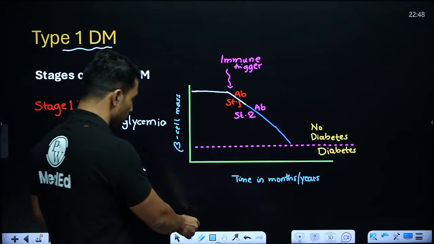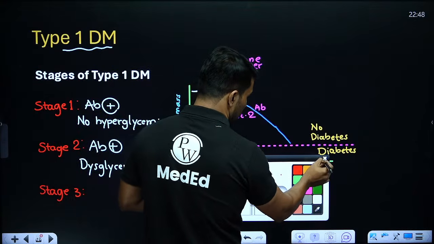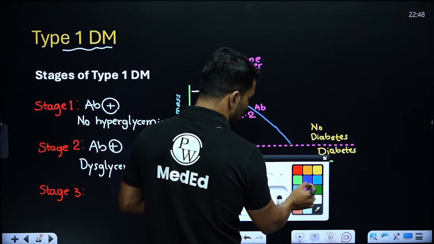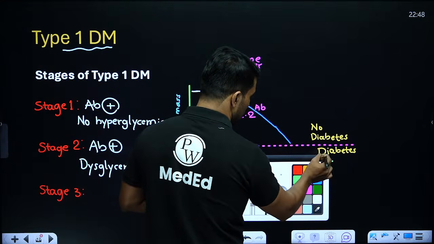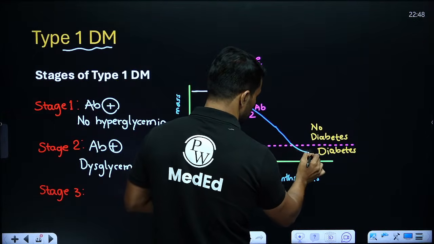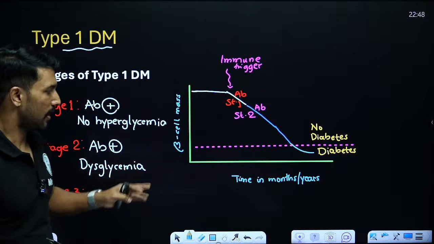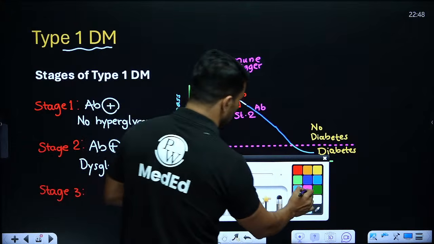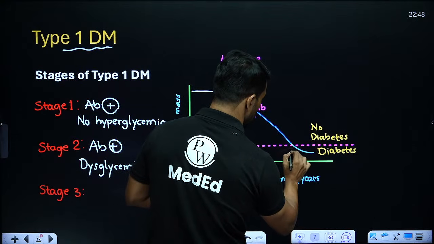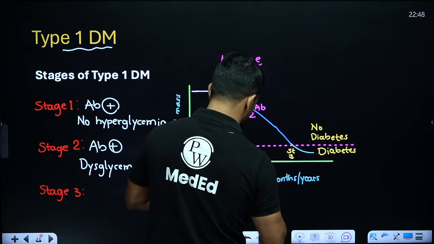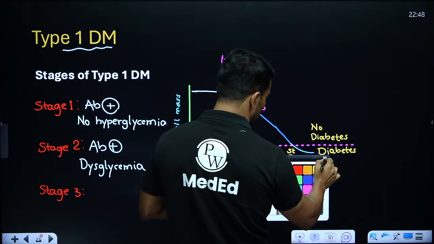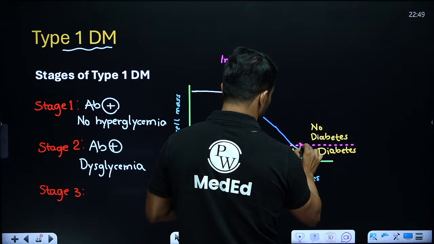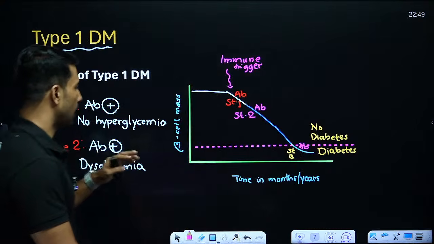But as time progresses, the pancreatic beta cell mass further decreases, and once there is further decrease in the beta cell mass, now I enter into stage 3. In stage 3, antibodies are positive and I have overt diabetes.